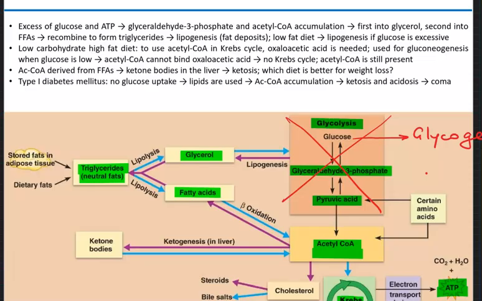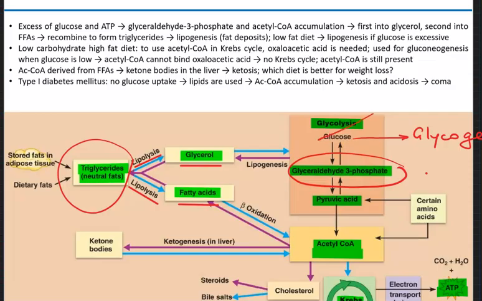So in this case, triglycerides undergo the process of lipolysis, which in turn breaks them into glycerol and fatty acids. As we mentioned before, glycerol is converted to glyceraldehyde 3-phosphate, right?